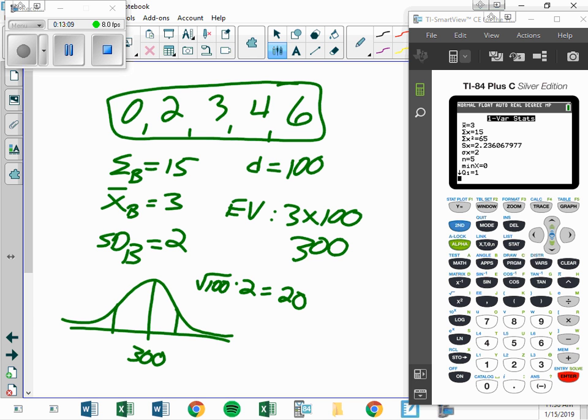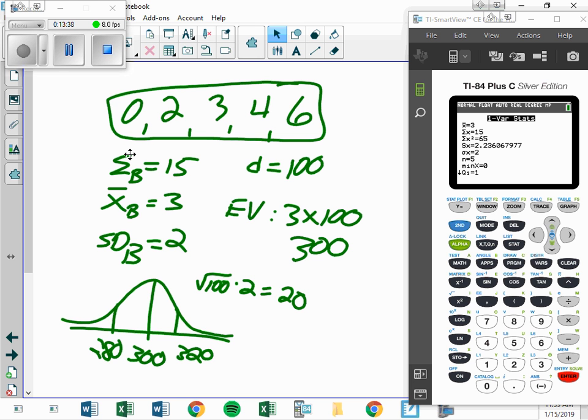So I now know that my 68 window is between 280 and 320. Everybody okay with that? All right, letter A. The expected value for the sum of the draws is 300. True or false? True. The expected value for the sum of the draws is 300, give or take 20 or so. True. False?